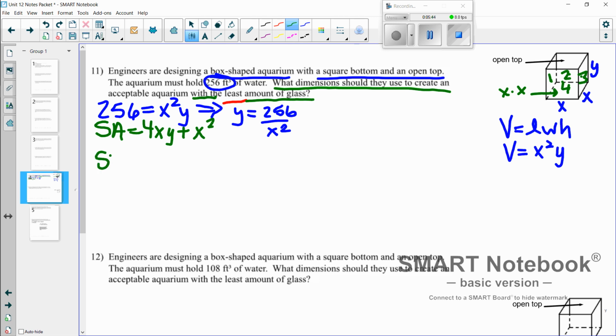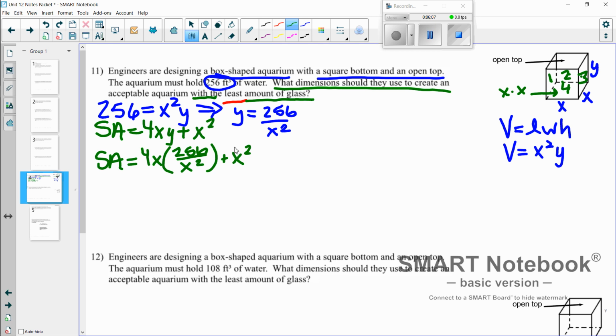So SA is now going to equal 4x times our new y. Our new y is the 256 over x squared plus x squared. Okay, now that we have that, we have to do a little bit of simplifying before we can get into taking our derivative.